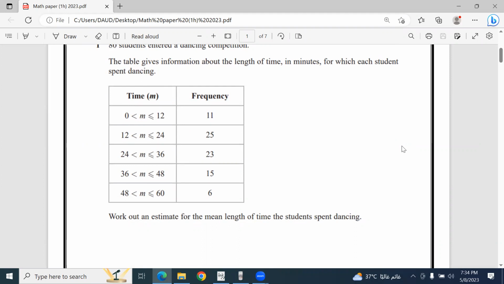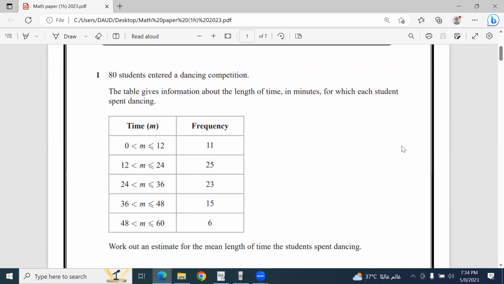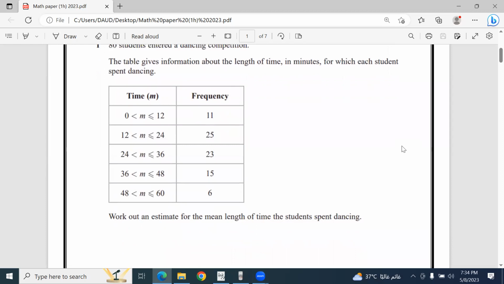Frequency basically shows the number of students. For 24 to 36 we have 23, for 36 to 48 we have 15, and for 48 to 60 we have 6. They want us to work out an estimate of the mean.